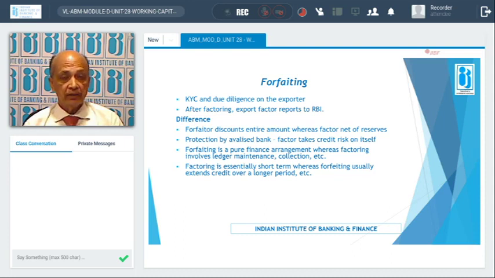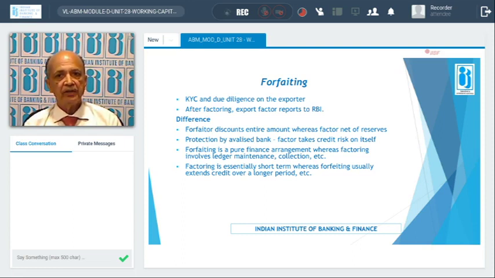Then another point: in forfeiting, there is protection by the avalizing bank. There is a guarantee, protection by the avalizing bank. Whereas in the case of factoring, the factor takes the credit risk. That is one of the important points. One is that the guarantee is there. Second one is that in factoring there is no guarantee, so the entire risk is taken by the factor himself.